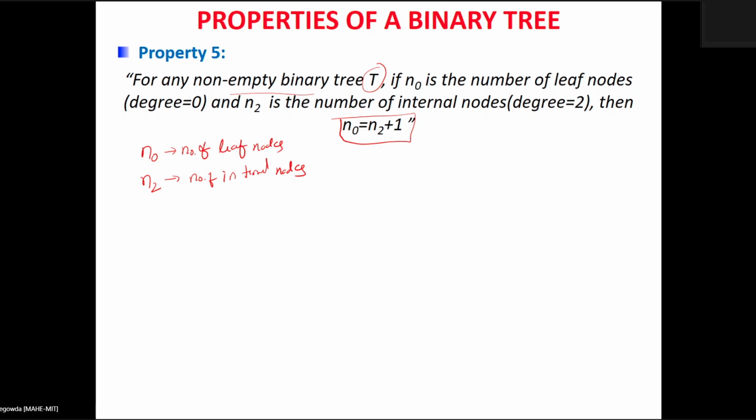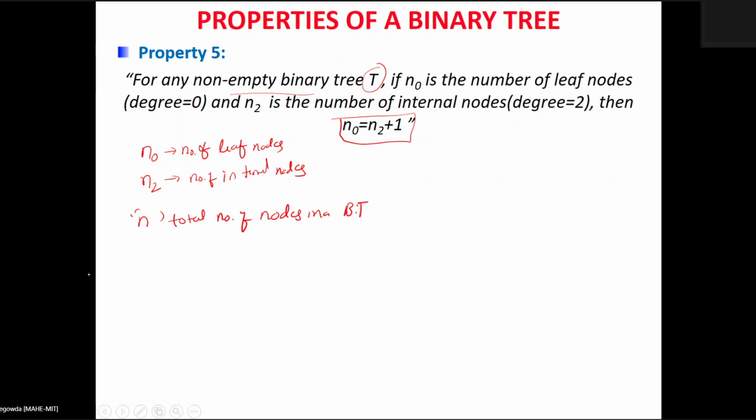Suppose we have n number of nodes in a tree. Here n is the total number of nodes in a binary tree, I'll write BT in short, where BT means binary tree.